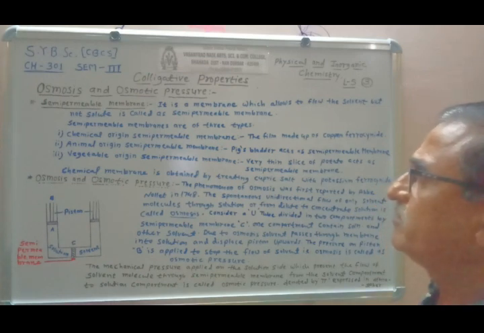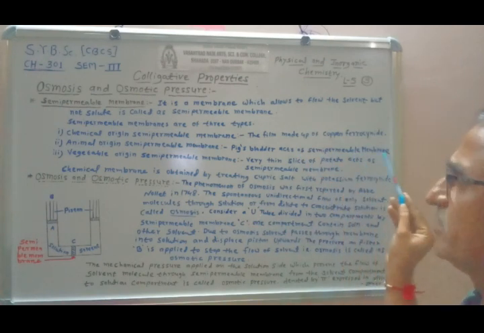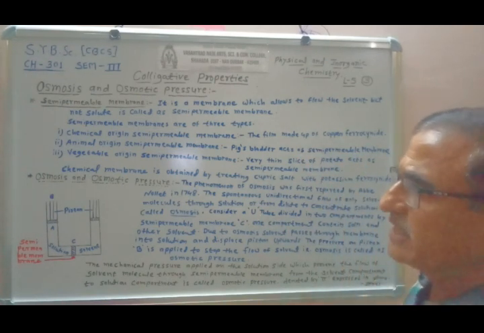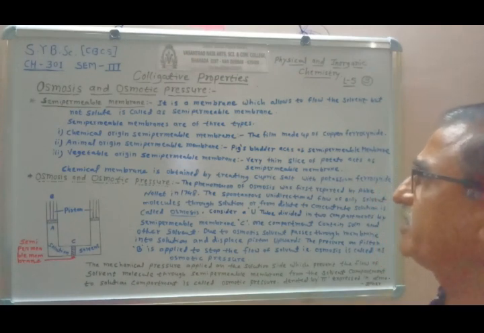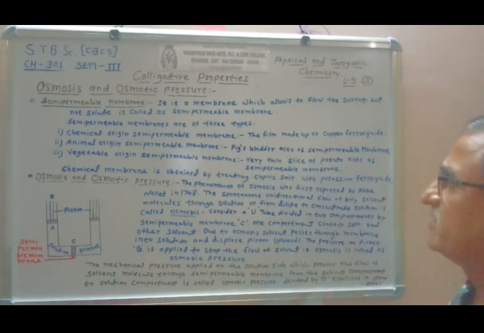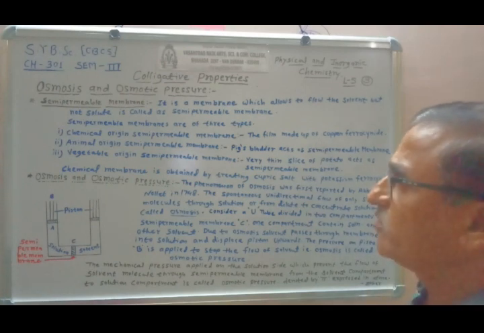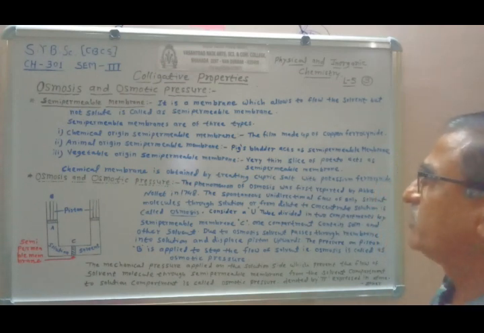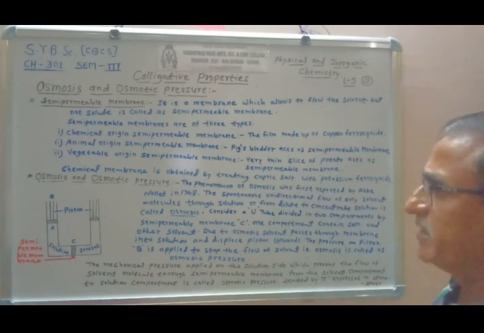It is prepared from the bladder of pigs, which acts as a semi-permeable membrane. Last is the vegetable origin semi-permeable membrane, which is a very thin slice of potato, which also allows only the solvent particles to flow through it, not the solute particles.